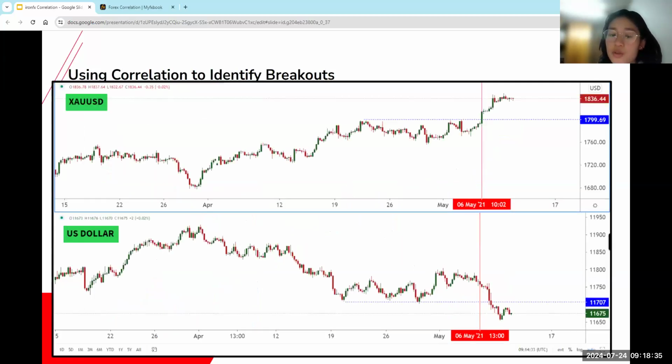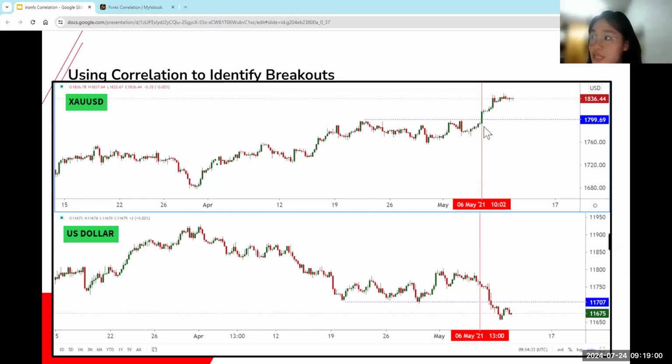So here's how we can use correlation to identify breakouts. For example, here we have gold. We see the price of gold shooting up, and we see the price of DXY dropping at the same time. You can see we have this dotted line here.